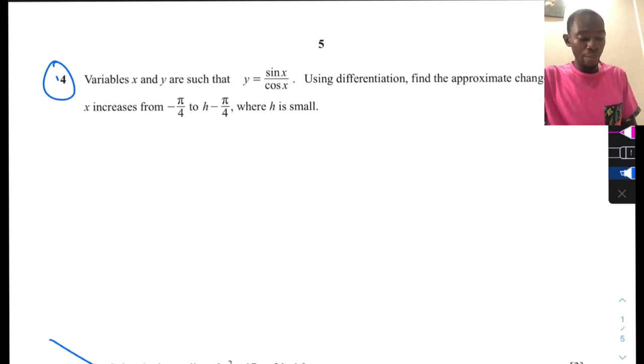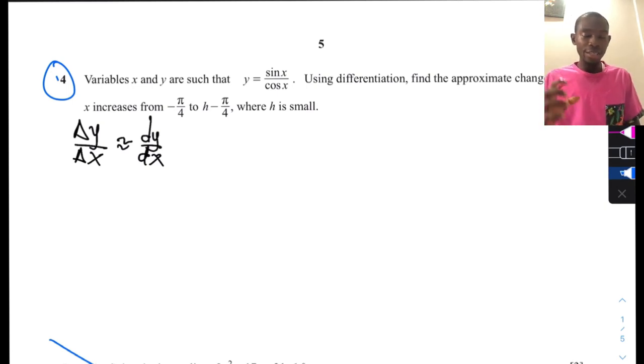So basically what happens is that the change in y divided by the change in x is approximately equal to dy dx. Basically this is the argument: as your change in x approaches 0, the ratio of change in y over change in x is equal to dy dx, as the change in x approaches 0.